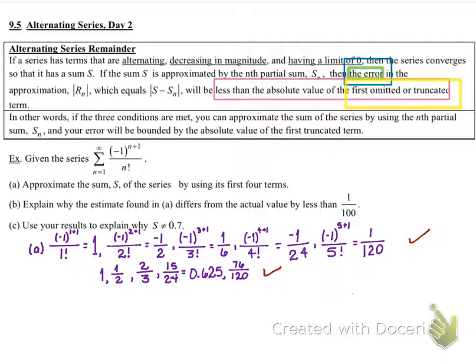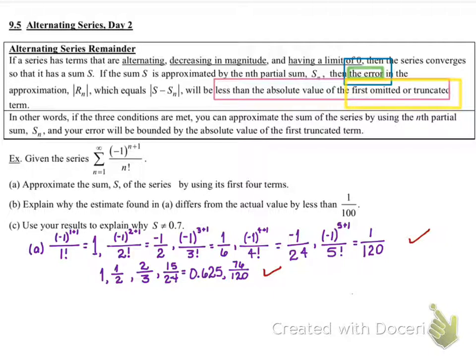If a series has terms that are alternating, decreasing in magnitude, and have a limit of 0, then the series converges so that it has a sum S. If the sum S is approximated by the nth partial sum, then the error is always going to be less than the absolute value of the first omitted or truncated term.